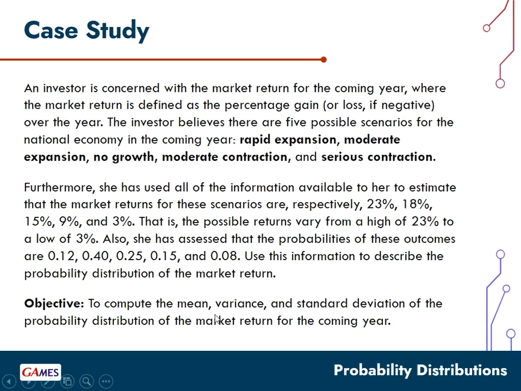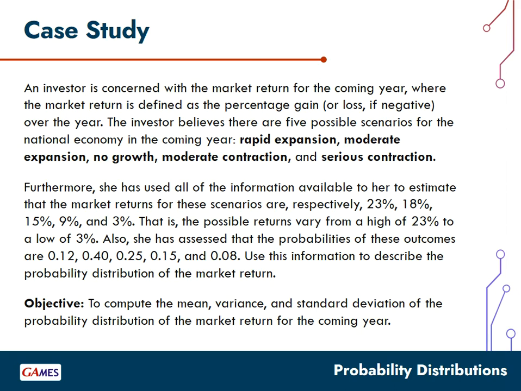An investor is concerned with the market return for the coming year, where the market return is defined as the percentage gain or loss if negative over the year. There are five possible scenarios for the national economy in the coming year: rapid expansion, moderate expansion, no growth, moderate contraction, and serious contraction. Furthermore, she has used all of the information available to her to estimate that the market returns for these scenarios are respectively 23%, 18%, 15%, 9%, and 3%.